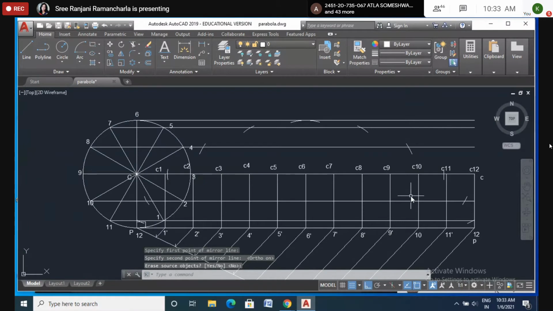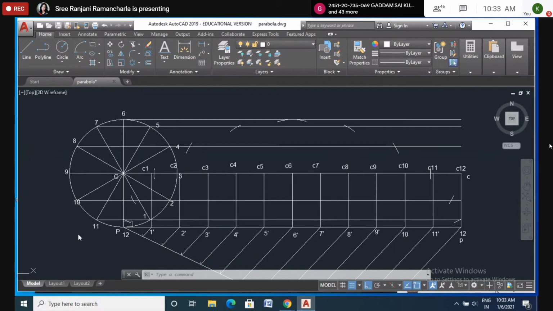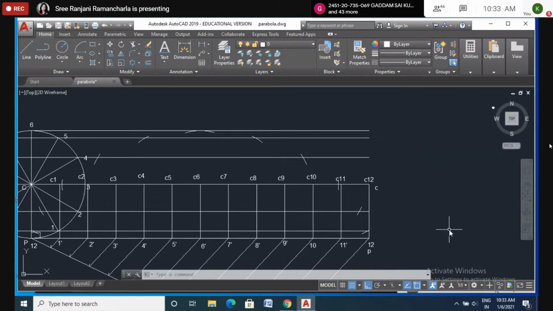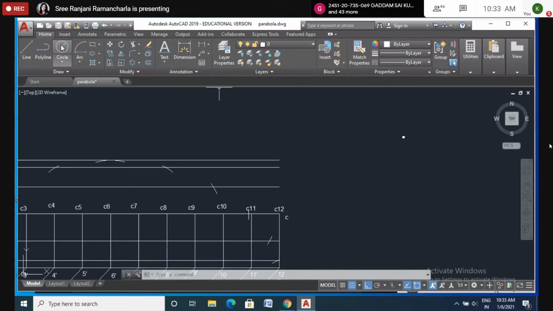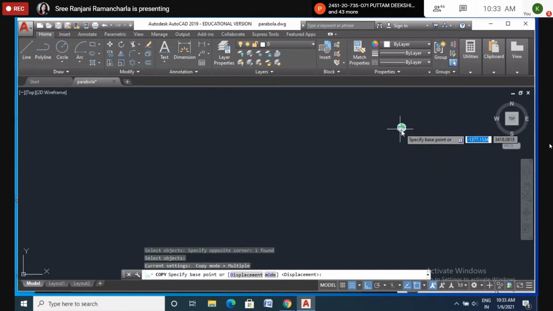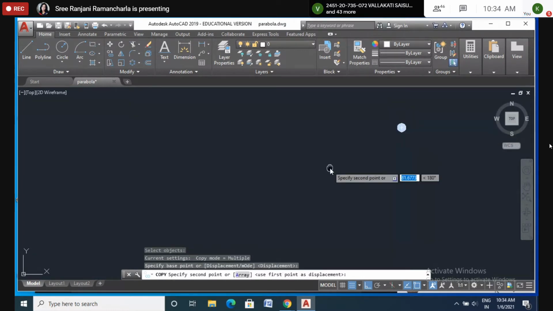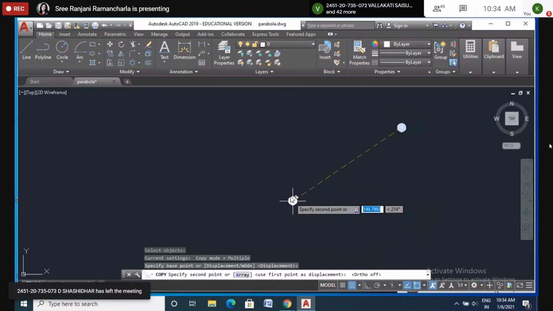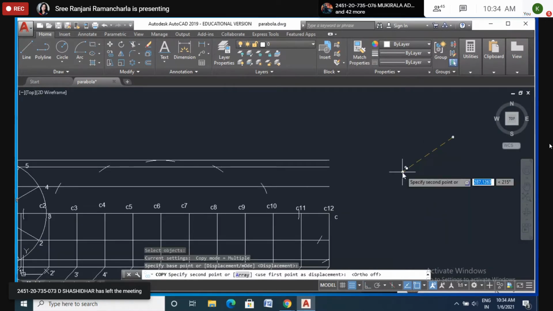Now is it clear, all of you? Okay. And here I want to make small points. I want to show the small points. You also make a point here clearly, with an HB pencil. Don't switch off your cams.